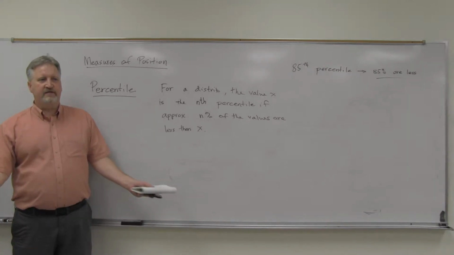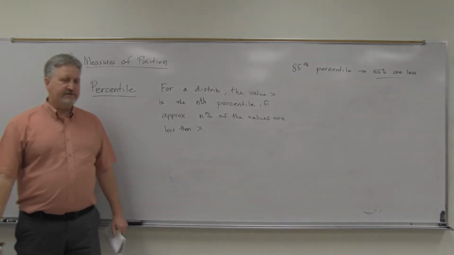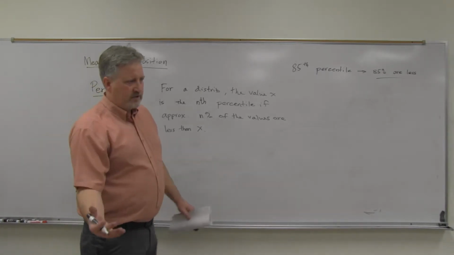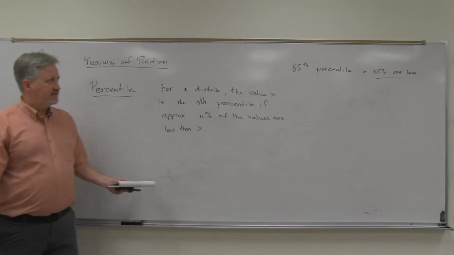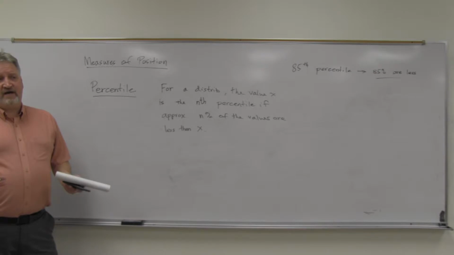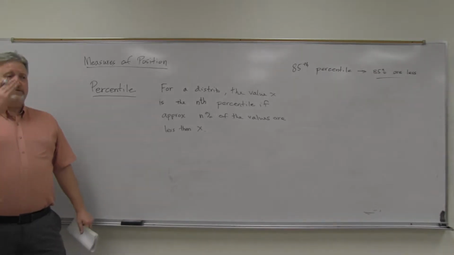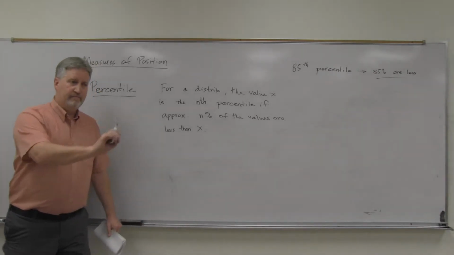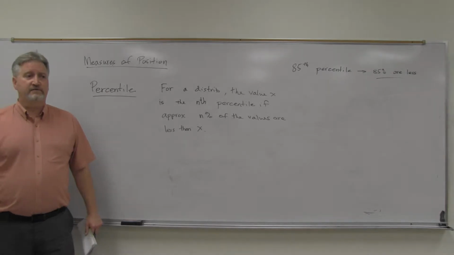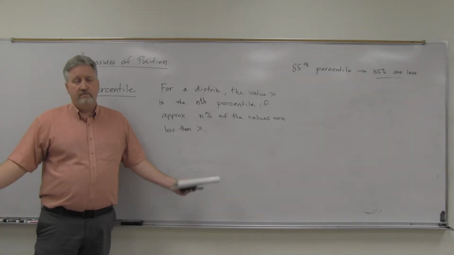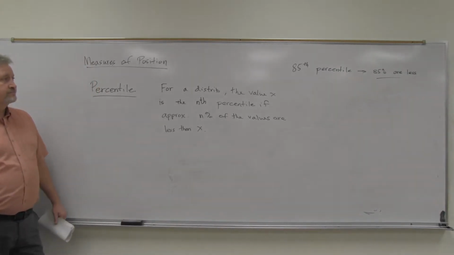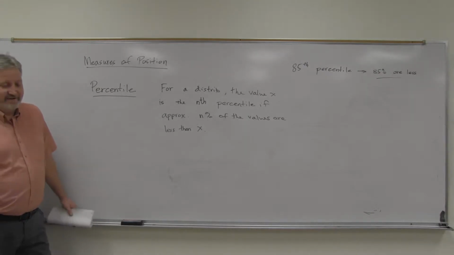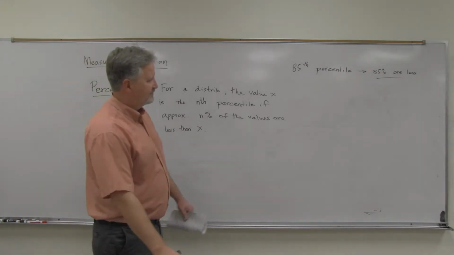And 25% means 25%. So it's not how many are correct if you're talking about a test. The 85th percentile doesn't mean you got 85% correct. It means your score is better than 85% of the other scores. That's what the percentile means.